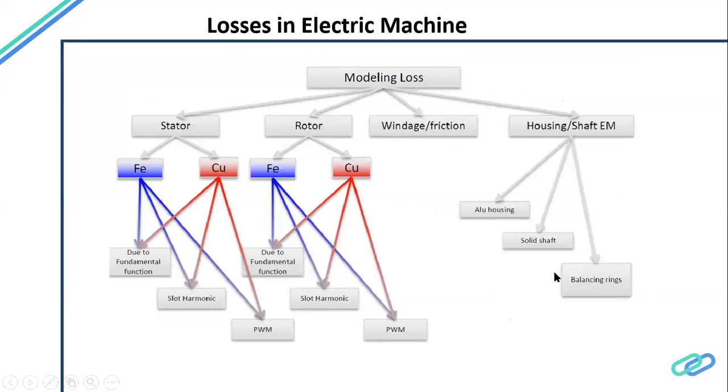The losses that any machine has, by and large we can categorize in these three to four areas: stator, rotor, friction and windage, and some shafts and housings. Mainly the predominant ones are copper loss, I squared R loss, and the iron loss. These losses we need to keep in control when we design, especially when we are using PWM techniques.